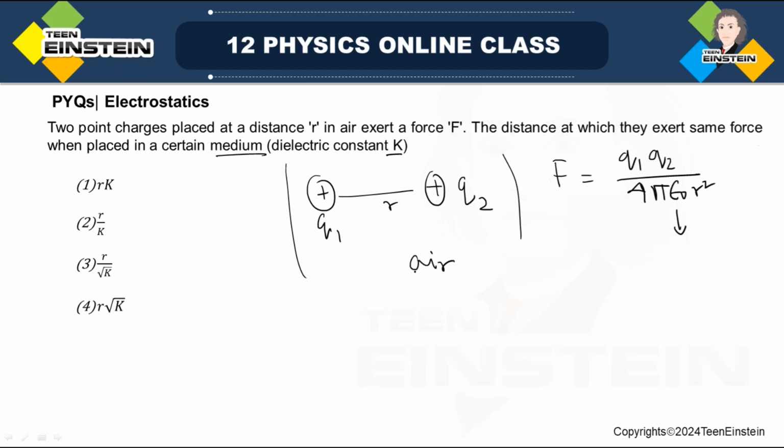Let me write down the force between the charges when they are placed in a dielectric medium. That can be written as F prime is equal to Q1 Q2 by 4 pi, and in place of epsilon I have to write K epsilon naught. This K is the dielectric constant of the medium, and this is r square.